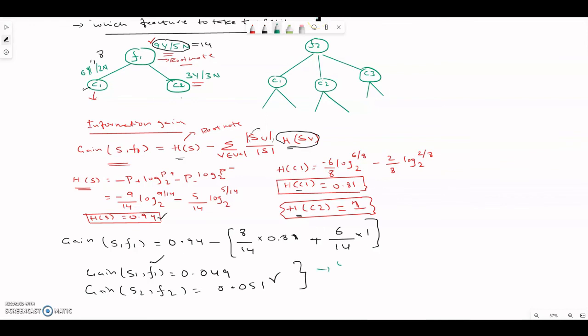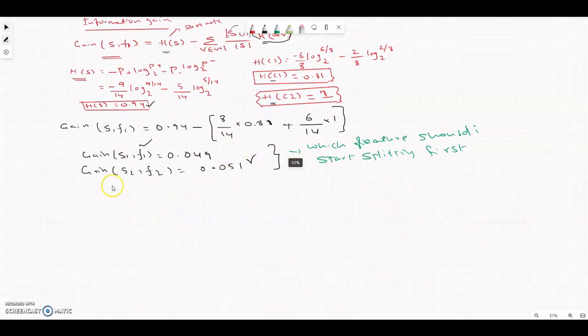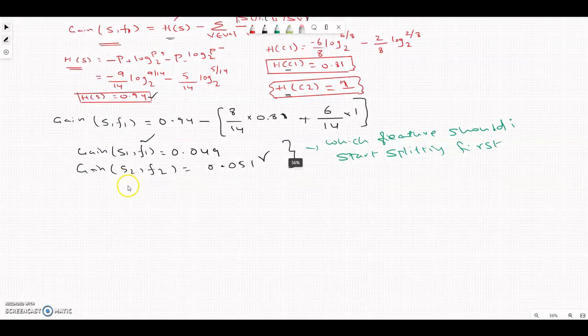Now which feature should I start splitting first with the help of this information? Obviously feature 2, because it has more information gain.